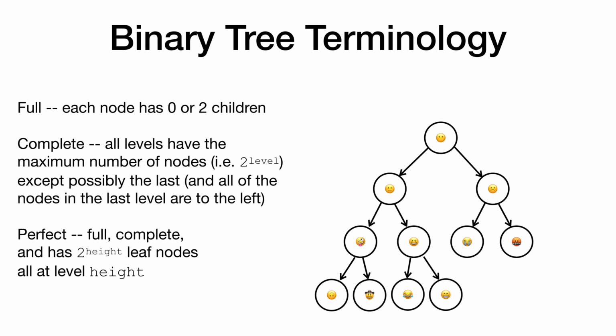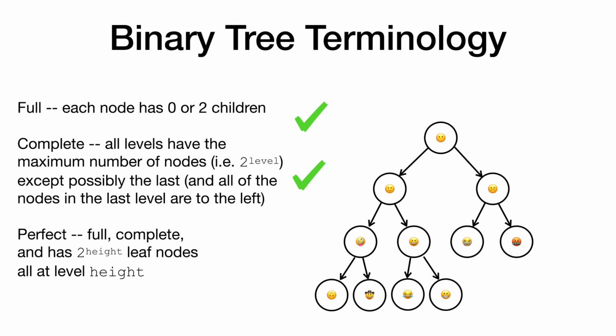So what if we add this set of nodes to our tree? Is it still full? Every node has 2 or 0 children, so yes, it's full. Is it complete? All the levels have the maximum number of nodes, except possibly the last level, and the nodes in the last level are all the way to the left, which they seem to be. In that case, it is complete.